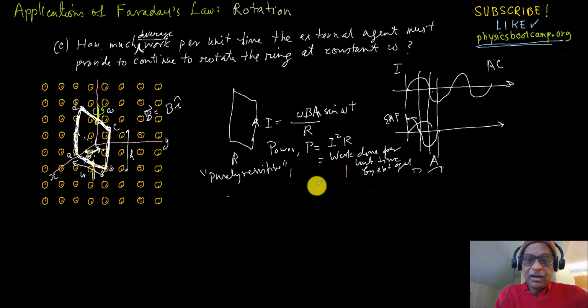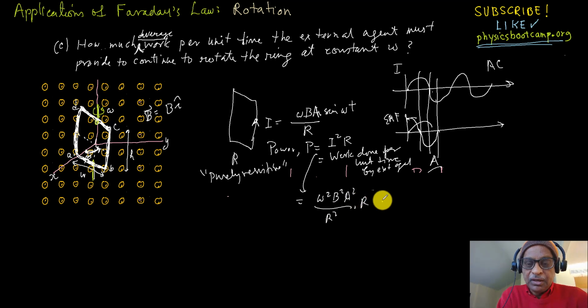Now this power, if you look at the formula, you notice something kind of interesting. If I square it, I get omega squared B squared A squared, divided by R squared, times R, times sine squared omega t.